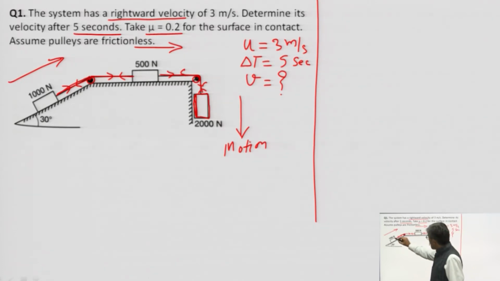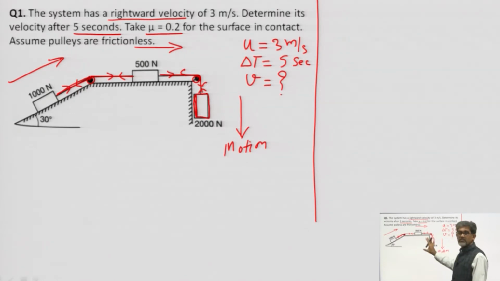Since they are attached with a string, they will move the same distance in a particular time. Therefore, the velocity is going to be the same. That is why we can calculate the change in momentum.